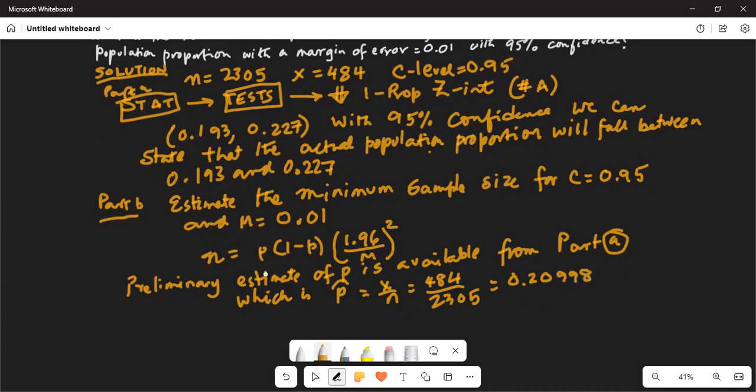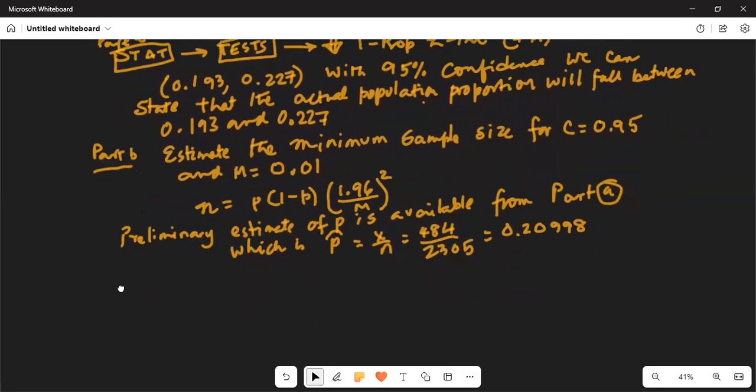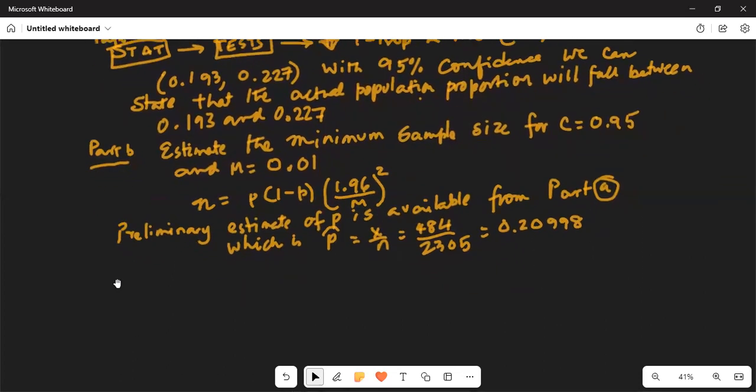Okay. So we will use this value of P hat as a preliminary estimate of P and do the calculation. Please remember, the way I will enter it in the calculator is the way I will write it in the equation.